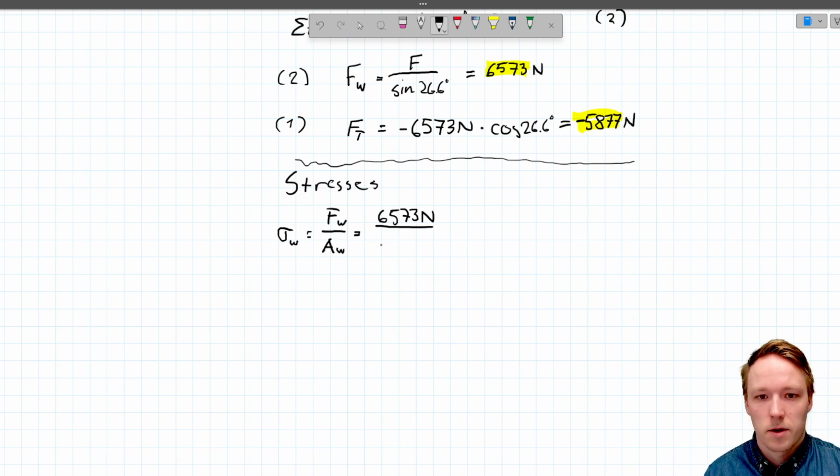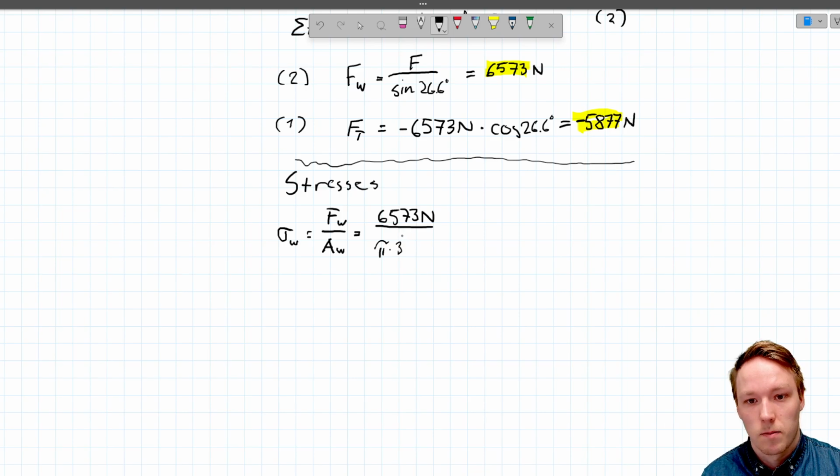And the diameter of the wire was 6 millimeters, so pi times 3 millimeters squared, like that, and that equals to 232 megapascals.